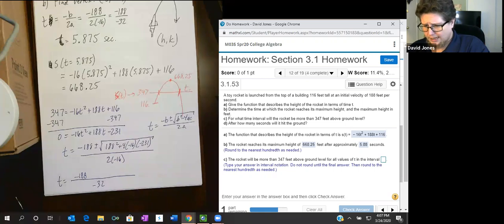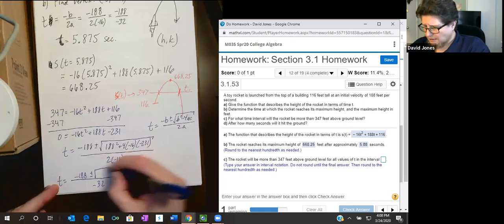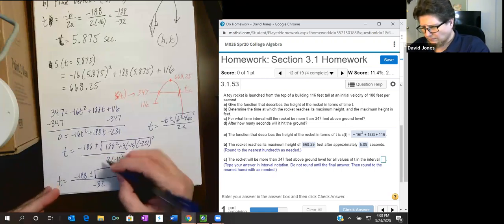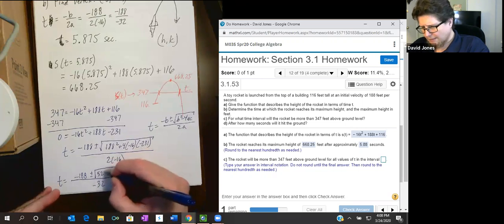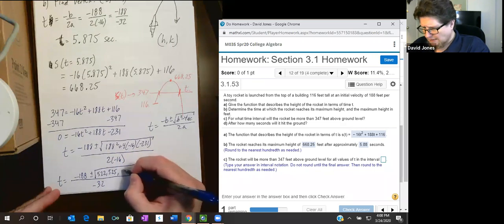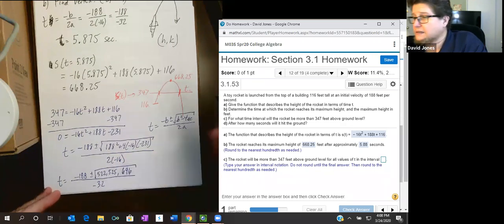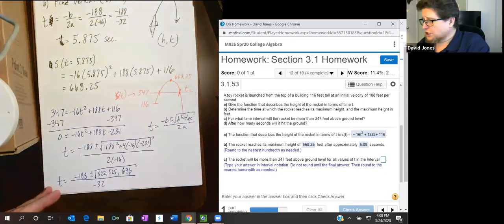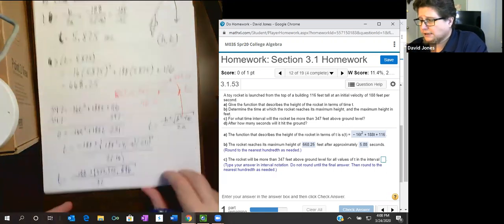I've got 188 squared minus 4 times negative 16 times negative 231. You've got to be kidding me. Now, just because it's ugly doesn't mean it's wrong.